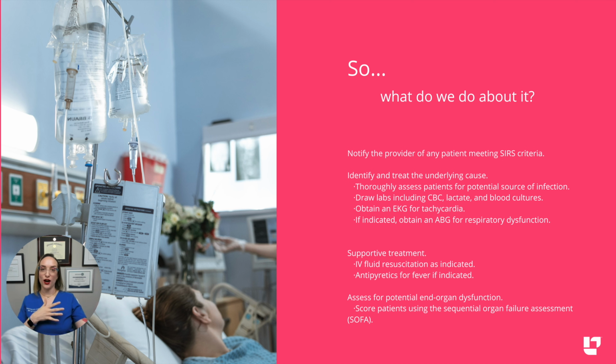We will talk about this shortly, but there is the sequential organ failure assessment known as SOFA. There is qSOFA, the quick sequential organ failure assessment. And then there are other ways to assess end organ dysfunction, such as looking at urine output, creatinine, BUN, things of that nature. So whatever, again, is appropriate for this patient and this situation, I want you to be thinking, I need to assess for organ dysfunction in this patient, whatever that means for this situation.